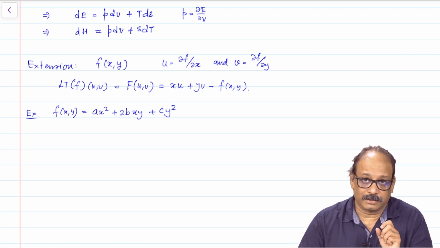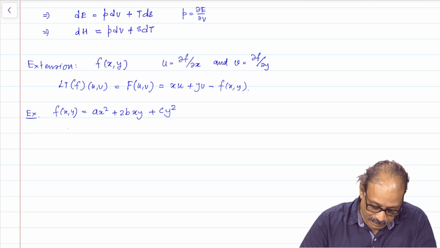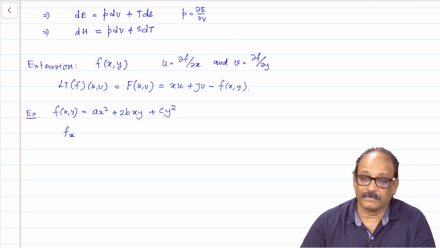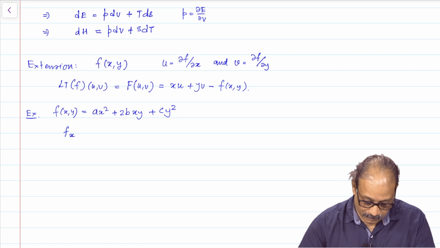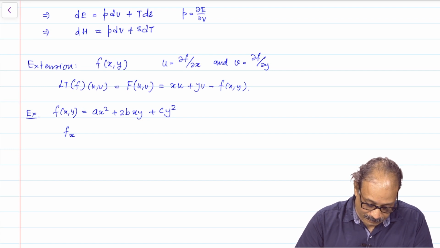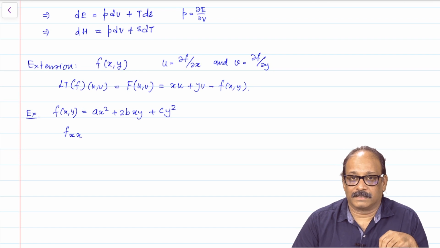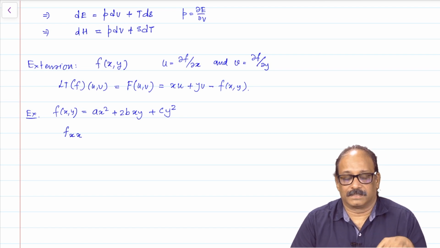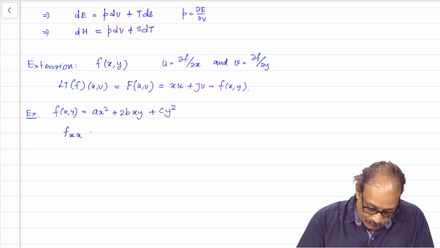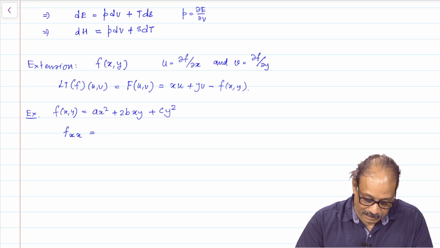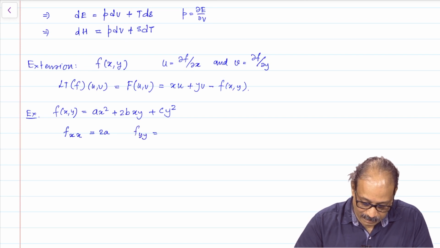I will use a shortcut here. The partial derivative with respect to x, I will denote as f x. Then the second partial derivative is f x x. This is basically the second partial derivative of f with respect to x. What would that be? That would be nothing but 2a. Then f y y will be equal to 2c.